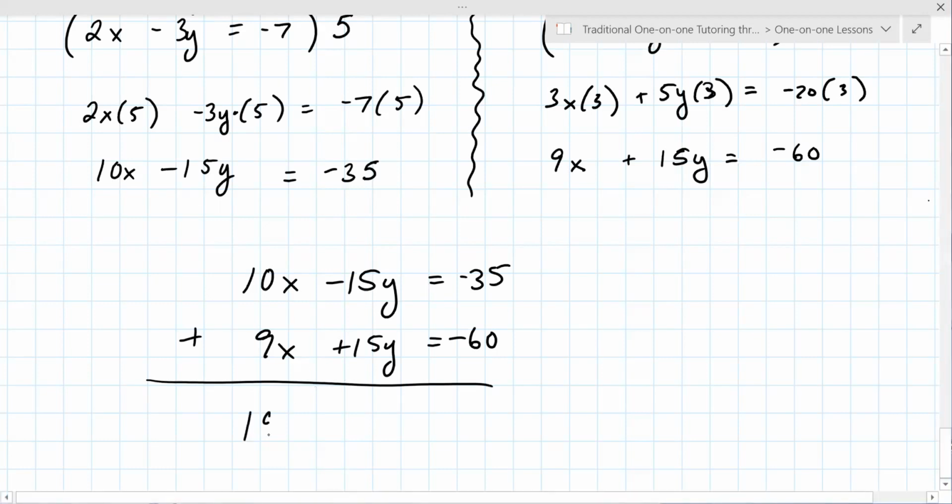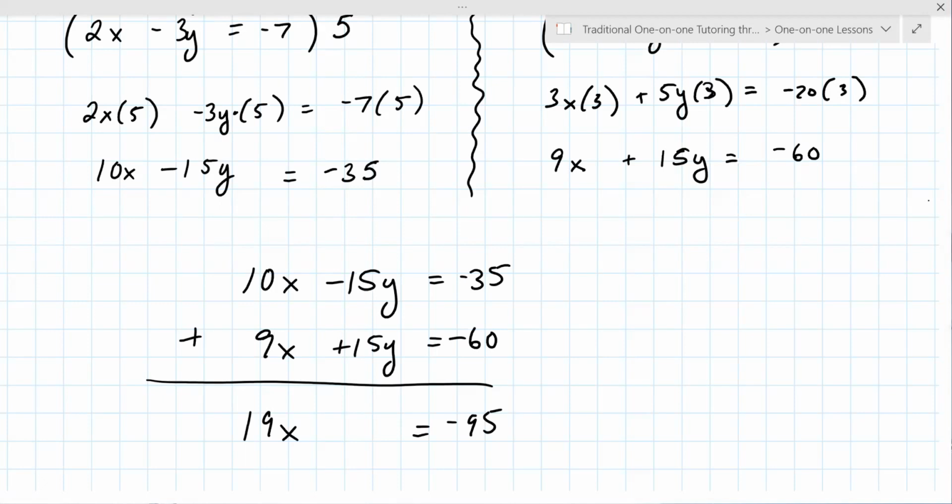10 plus 9 is 19, and negative 15y plus 15y is 0. Then negative 35 plus negative 60 is negative 95.